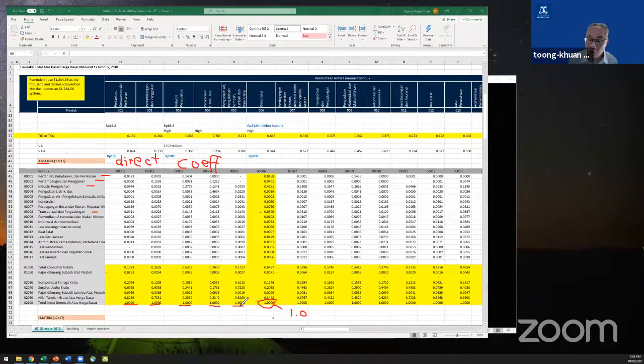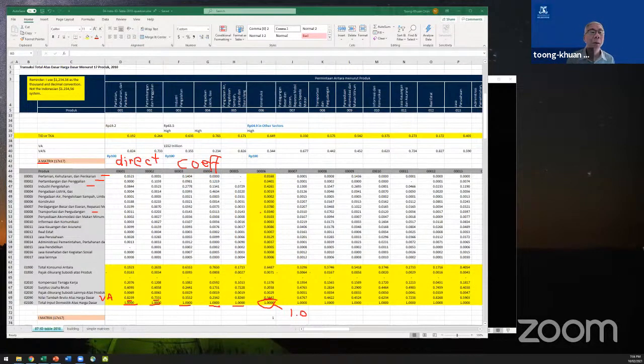So that is very useful because if you then try to look at nilai tambah bruto or value add, it is very clear. Value add is 82%, 73%, 34%. So all those values are now presented as direct coefficients.